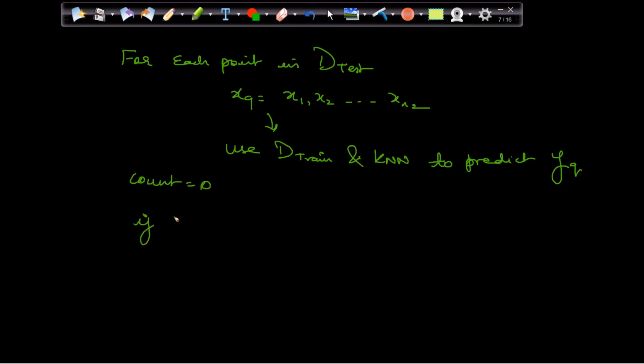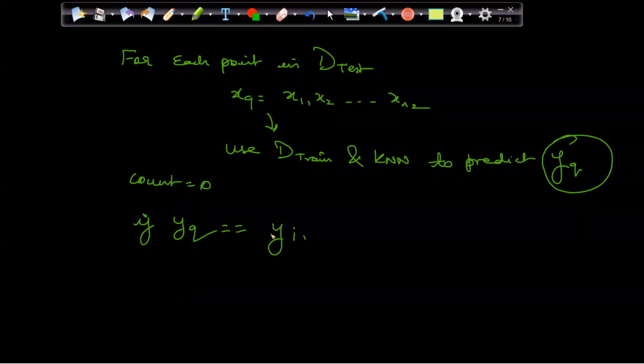If yq, which the model predicts, is equal to y1 for the first record, yq equal to y2 for the second record, yq equal to y3 for the third, one by one, if this is matching, then increment the count: count equals count plus 1. And if it is not matching, the increment will not happen.